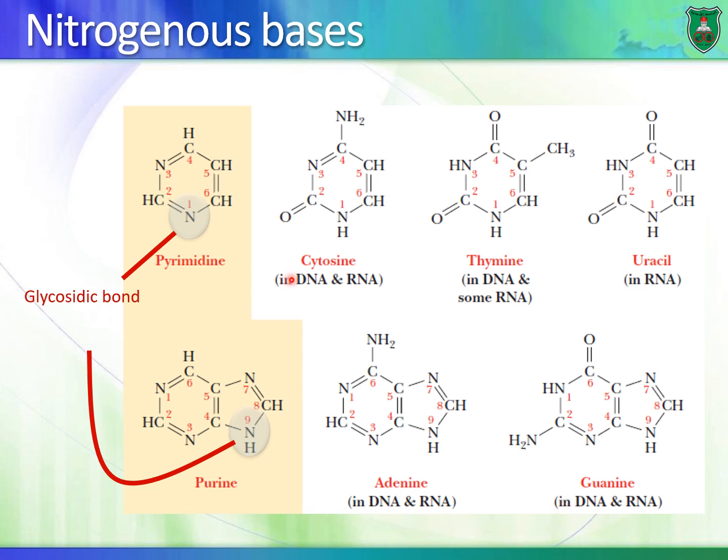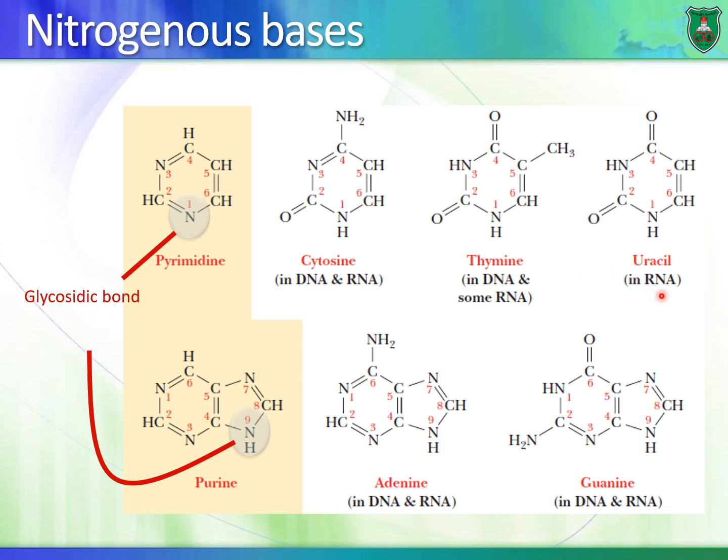In terms of pyrimidines, you have cytosine. Cytosine has an amino group right here, as well as a ketone group right there. Now, cytosine also exists in both DNA and RNA. But here's another difference between DNA and RNA, in that thymine exists in DNA versus uracil, which exists in RNA only.